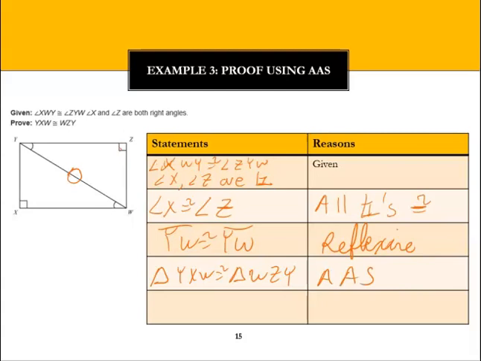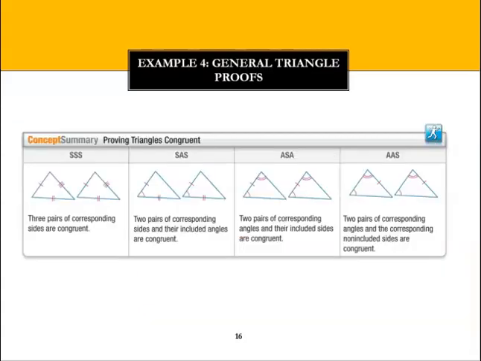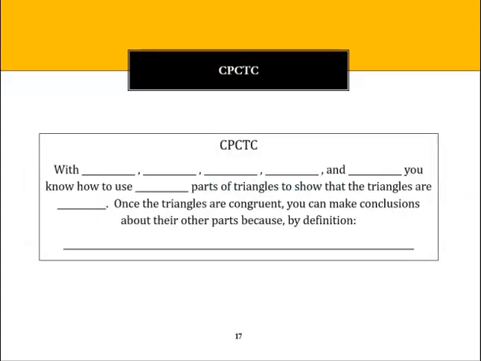Here's just a visual of the 4 shortcuts: side, side, side; side, angle, side; angle, side, angle; and angle, angle, side. There is one more that we'll actually look at in the next lesson, but for right now, there's something else that I want to look at. And that's called CPCTC.